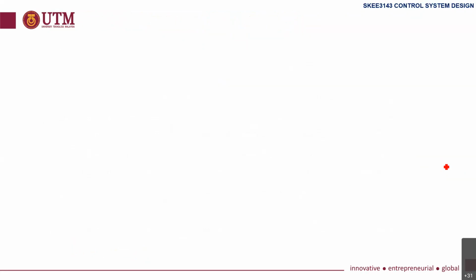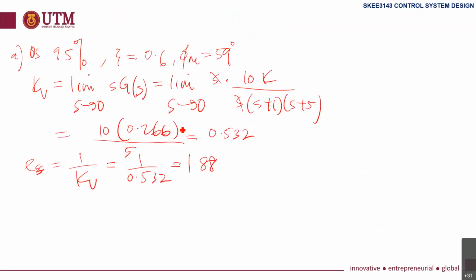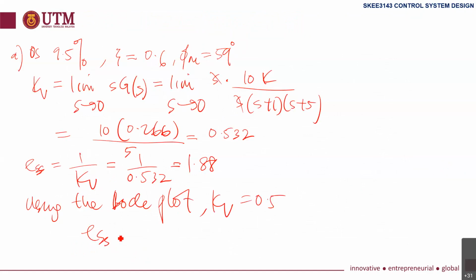We calculated and obtained 0.532, and from the Bode plot, KV is 0.5. Error is 1 over 0.5 equal to 2. Both are accepted. Of course, the one calculated is the accurate one.